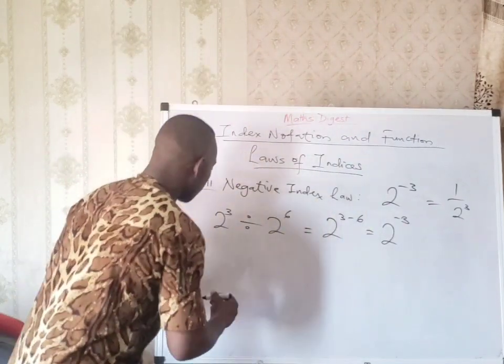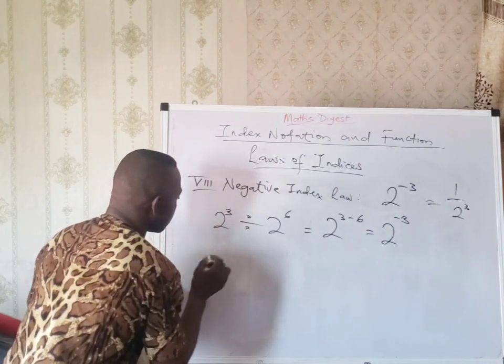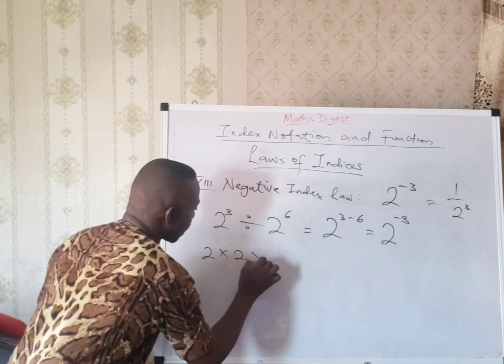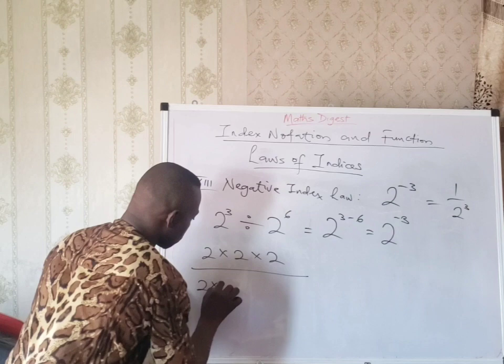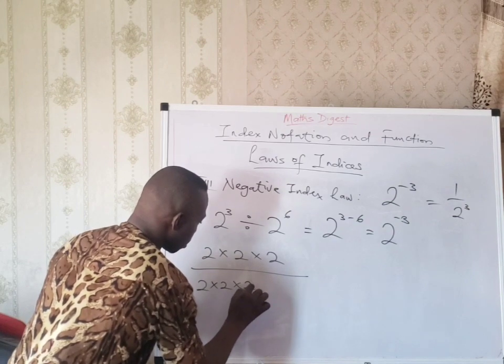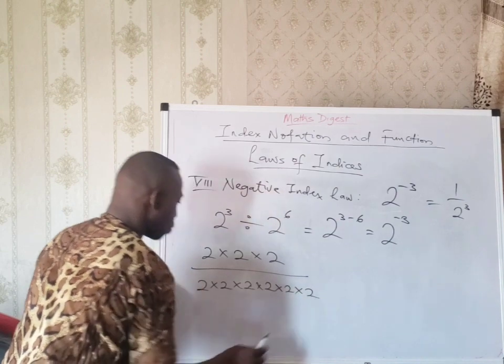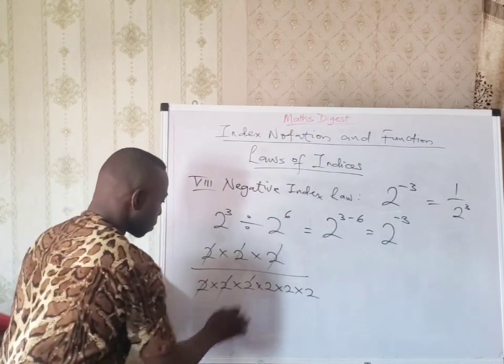Remember, this is the numerator side. We have 2 times 2 times 2 all over 2 times 2 times 2 times 2 times 2 times 2. With this we cancel out, we cancel out, we cancel out.